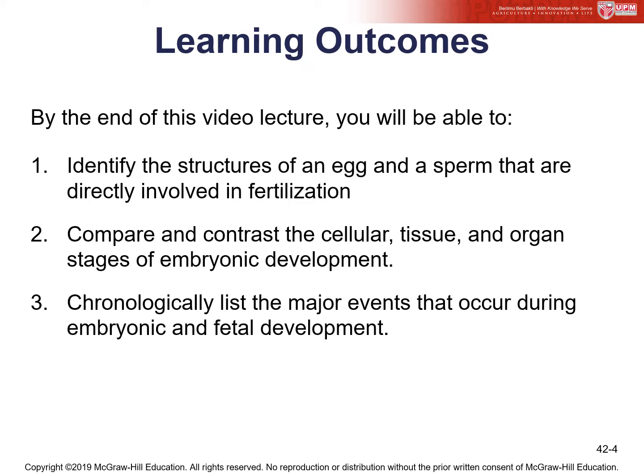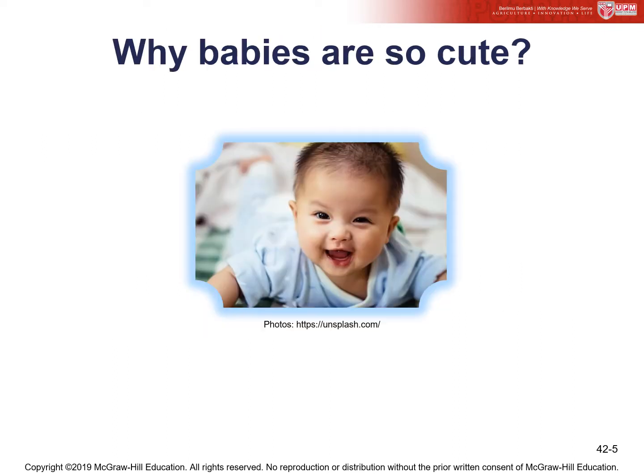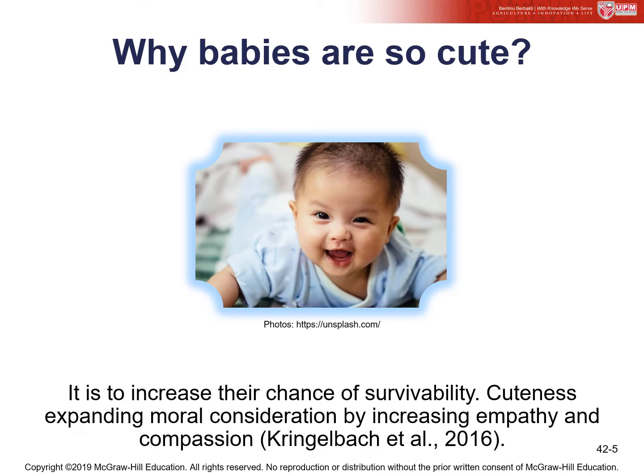Make sure you are able to understand and answer every single requirement from these learning outcomes. I think everyone will agree with me if I say this baby is very cute, and this cuteness actually has a reason behind it. The biggest reason is to increase their chance of survivability by increasing our empathy and compassion.